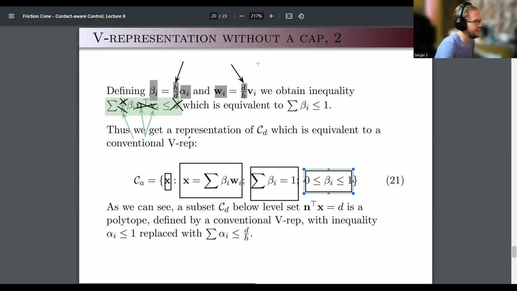But now we could choose any D and we get higher, right? So basically any sublevel set of this cone is a V representation in the traditional sense. So geometry didn't change, everything is fine. But we can go high and high and high, we get bigger and bigger cones.